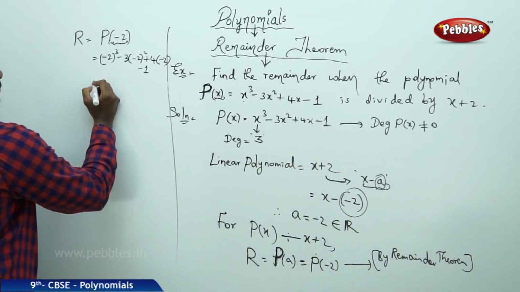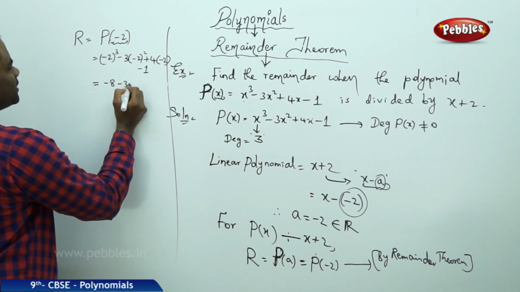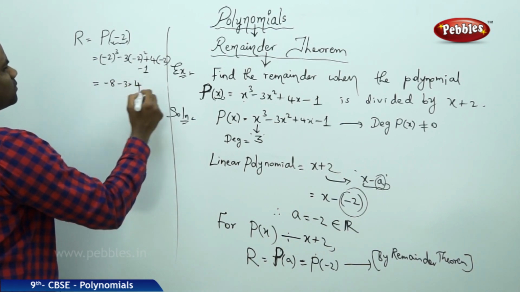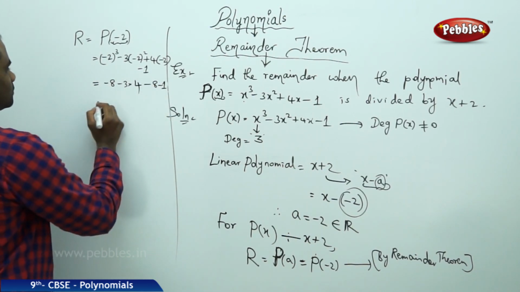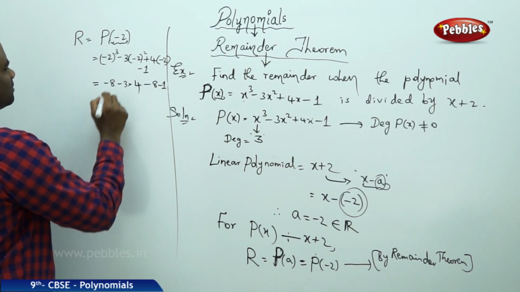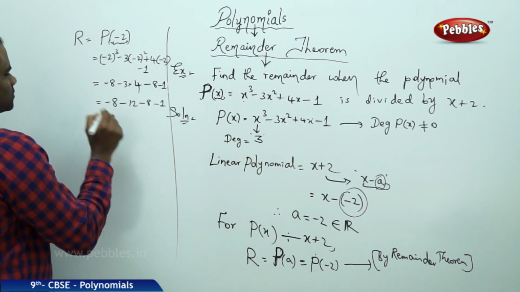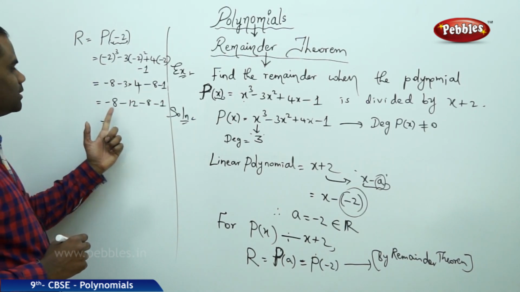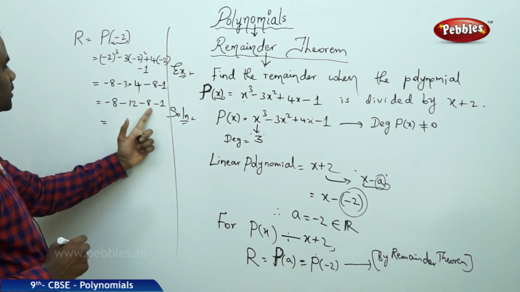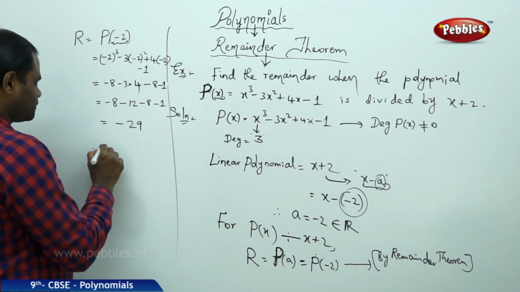When this is further simplified, I get minus 8 minus 3 times of minus 2 whole square, which is 4, and minus 8 and minus 1. And this comes out further as minus 8 minus 12 minus 8 minus 1, which on simplification gives minus 29.